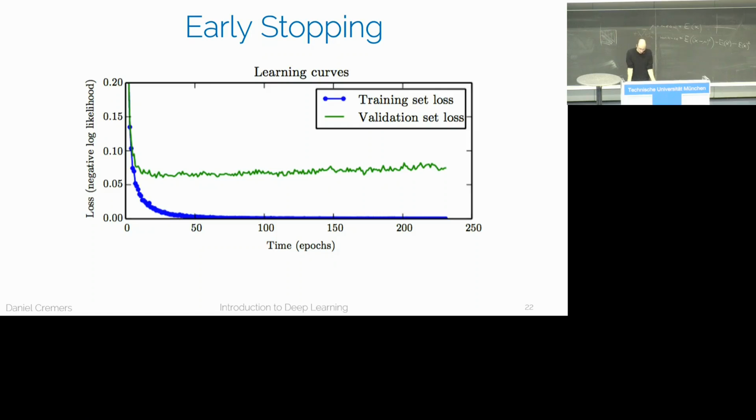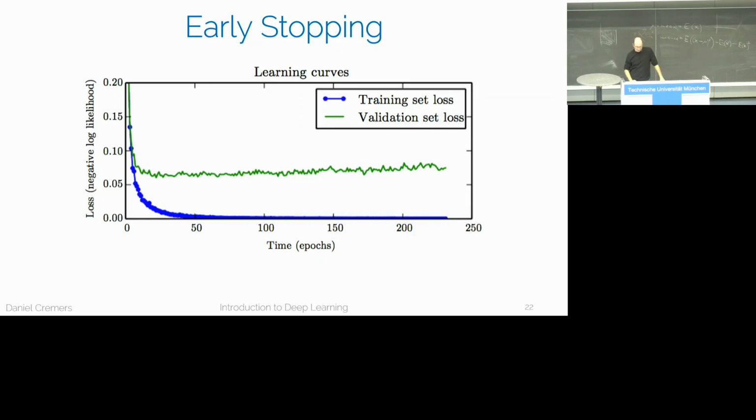is the following idea. We said that ideally your training loss keeps on going down in this typically exponential fashion. And the validation loss also goes down, but at some point we said it goes up again. And we said it typically goes up again once you're overfitting, in the overfitting regime.